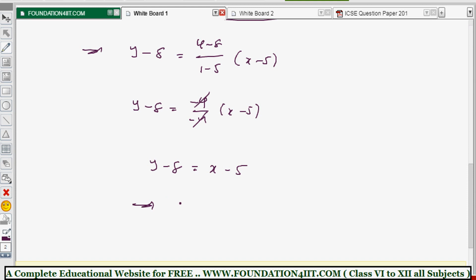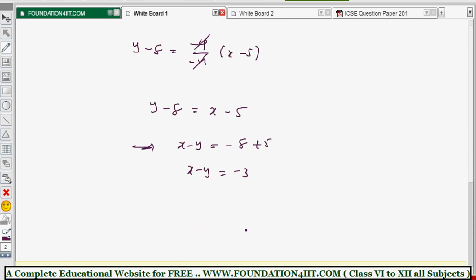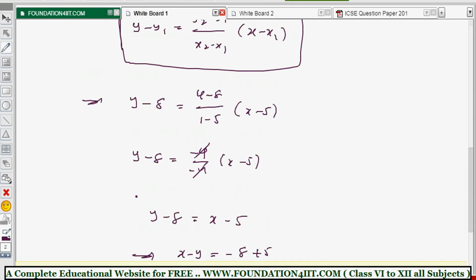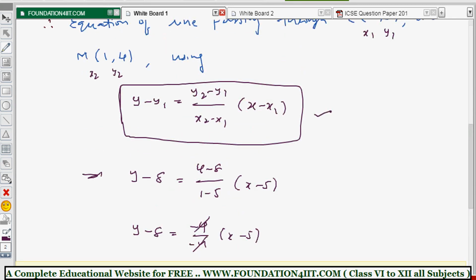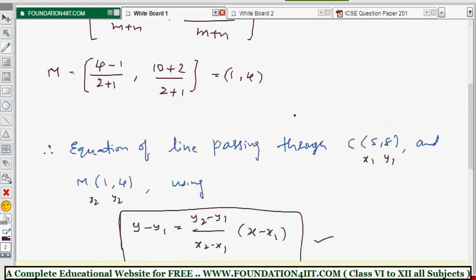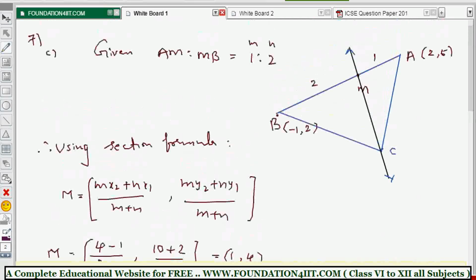That implies x minus y, take the y term this side, minus 8 plus 5. So x minus y is equal to minus 3. Then we can write x minus y plus 3 is equal to 0. So this is the equation of the line through M and C. And you can use this formula whenever two points are given. Okay, this is question number 7C.